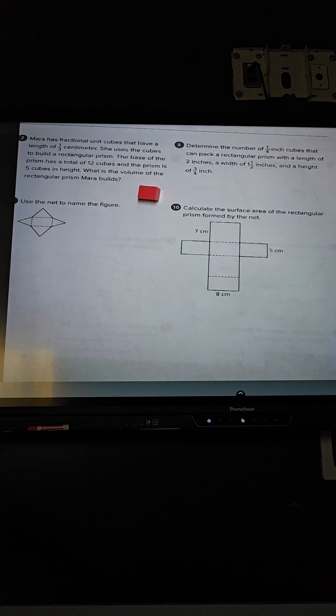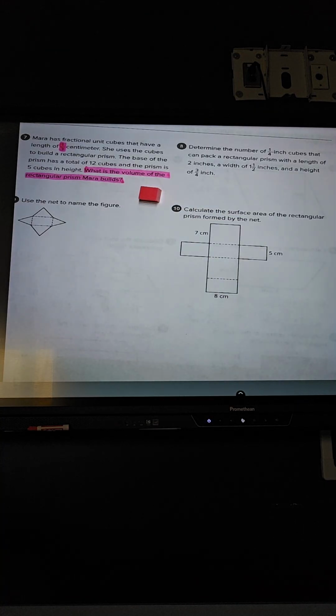If that's the case, then I need to find the volume of the one cube before I move to anything else. So when you are finding the volume of a rectangular prism, but it tells you that the cube is a fraction, you first got to find the volume of that one cube. Before you move any further, find the volume of this one cube.